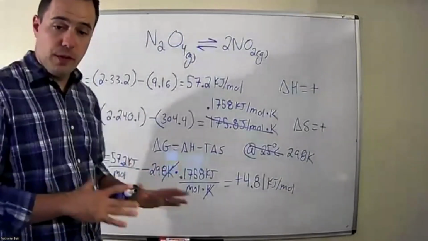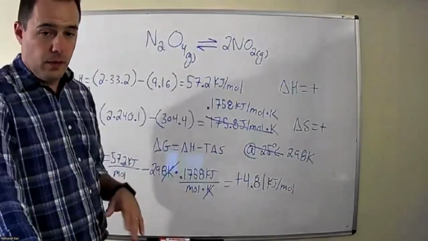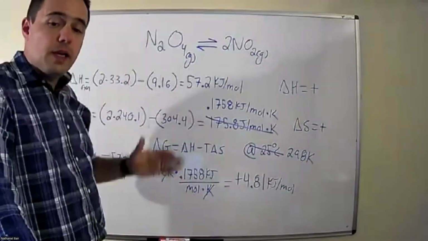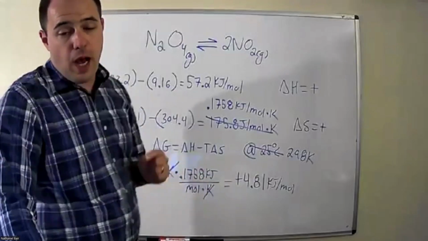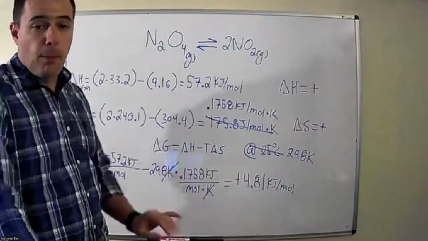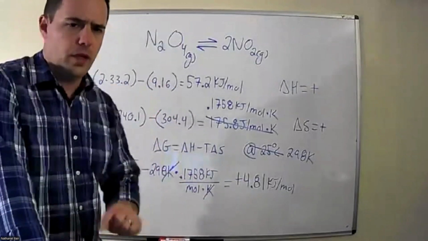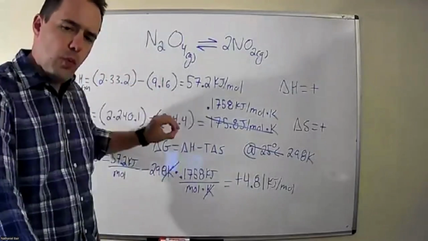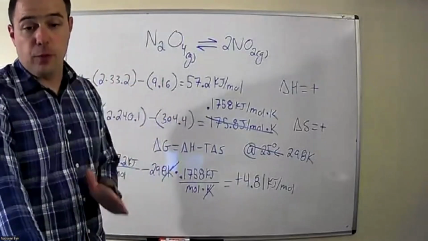We're going to do some more with this here in a second. But what does this tell us? This tells us this reaction is not spontaneous at room temp, because I got a delta G of positive 4.81. Since it's positive, non-spontaneous. Here's why I like doing it this way, even though it's way more work. I like doing it this way way more than just solving for delta G from the delta G standard formation values.